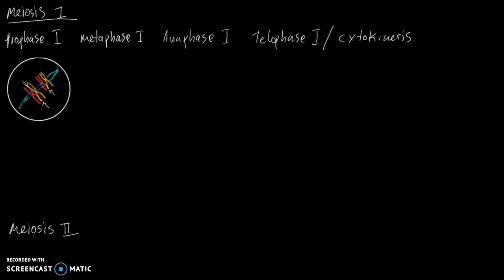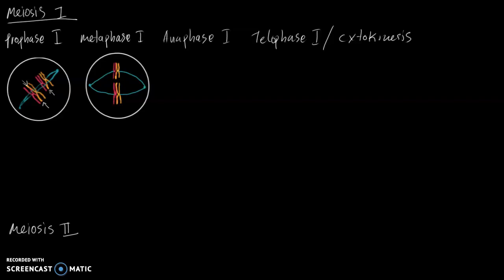Now that we have some basic understanding of what's going on during prophase I, we move on to metaphase I. Each homologous chromosome will line up one after the other like this along the middle of the cell. During this phase, notice the chiasma is still intact between the homologous pair.